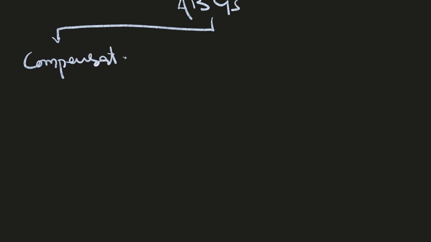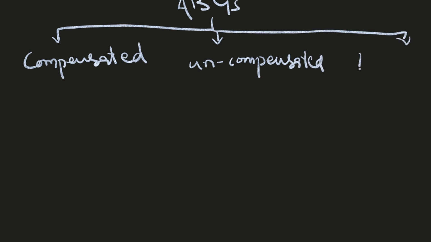Another important concept about these ABGs: whenever the body starts to compensate for any disturbance in pH, this compensation can be a fully compensated state or it can be uncompensated. There is a third category as well, which is called partially compensated.